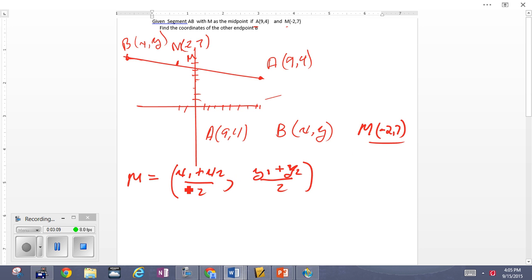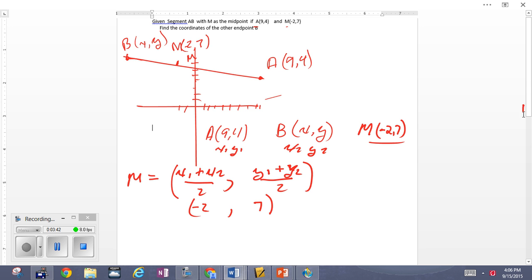Remember what I said: whenever we're given these points, we always want to tag them. I'm tagging them x1, y1, and this one is going to be tagged x2, y2. So x1 plus x2 over 2 is supposed to equal negative 2, and y1 plus y2 over 2 is how we find the y coordinate, which we know is equal to 7.